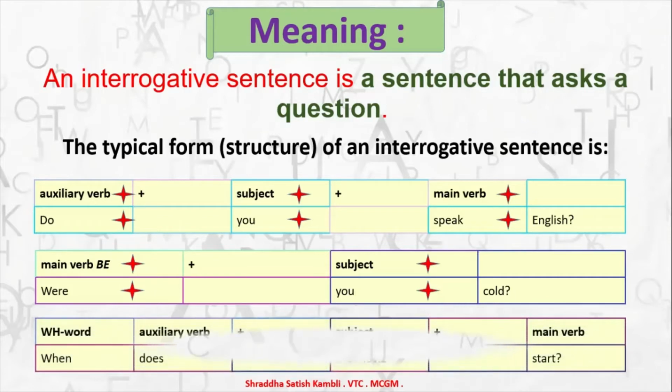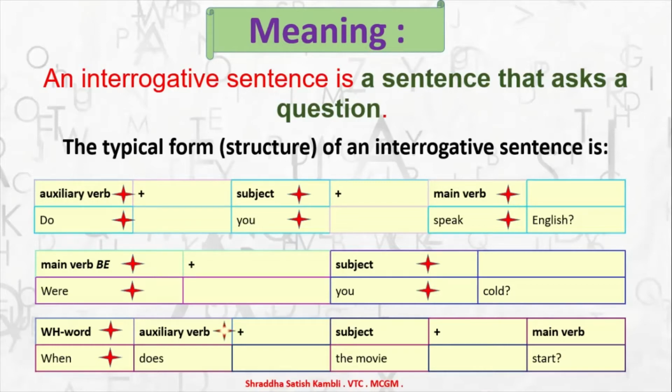Finally, we come to one more type or structure of an interrogative sentence where you have the WH word. So here the WH word is when. Remember, our lesson is about WH questions. So you have the WH word when, then the auxiliary verb or helping verb does, then the subject, the movie, and finally the main verb start.